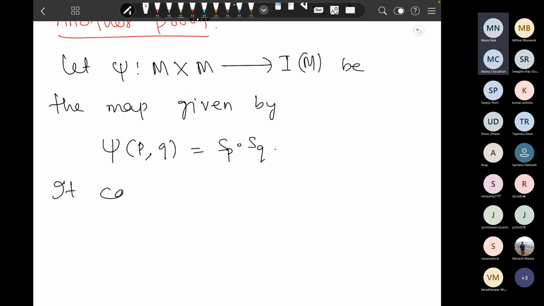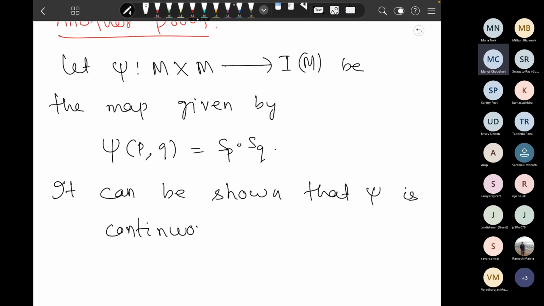It can be shown that this psi is continuous. I am not giving the rigorous proof, because one has to go into the structure of I(M) to show this if you want to be rigorous.